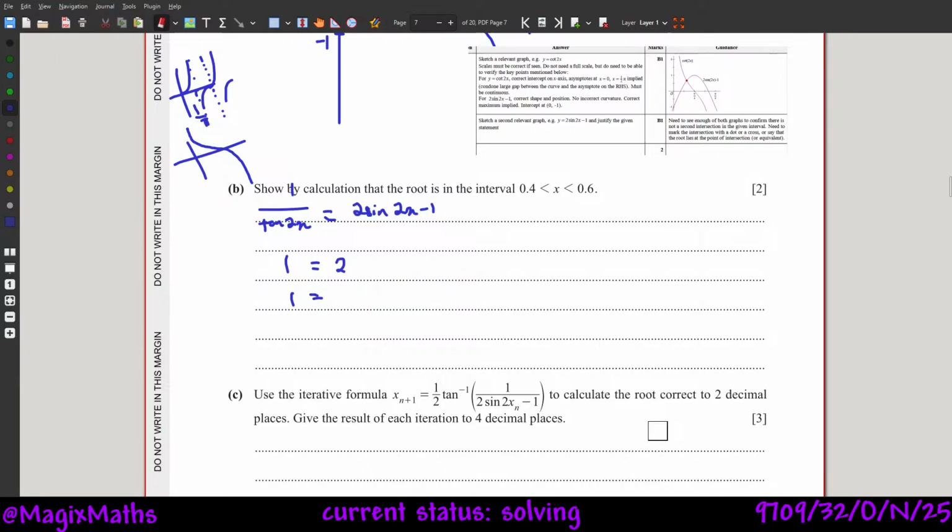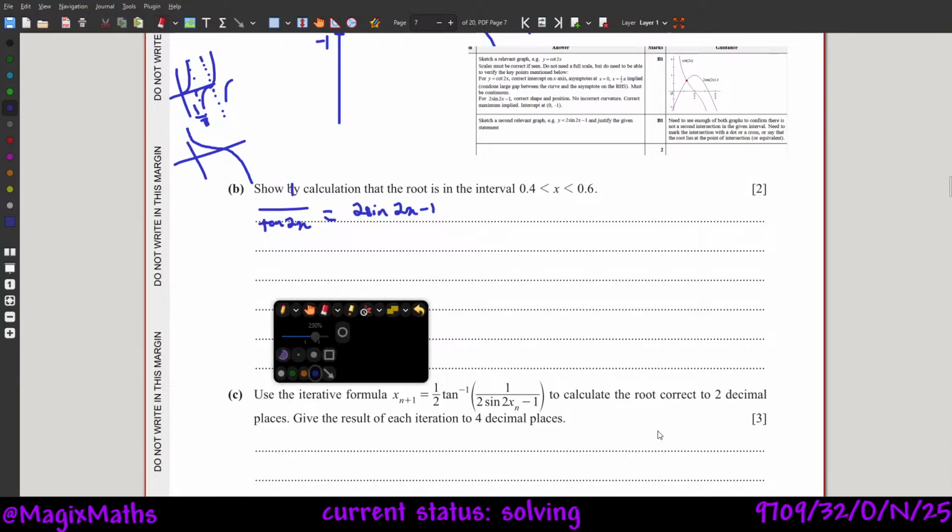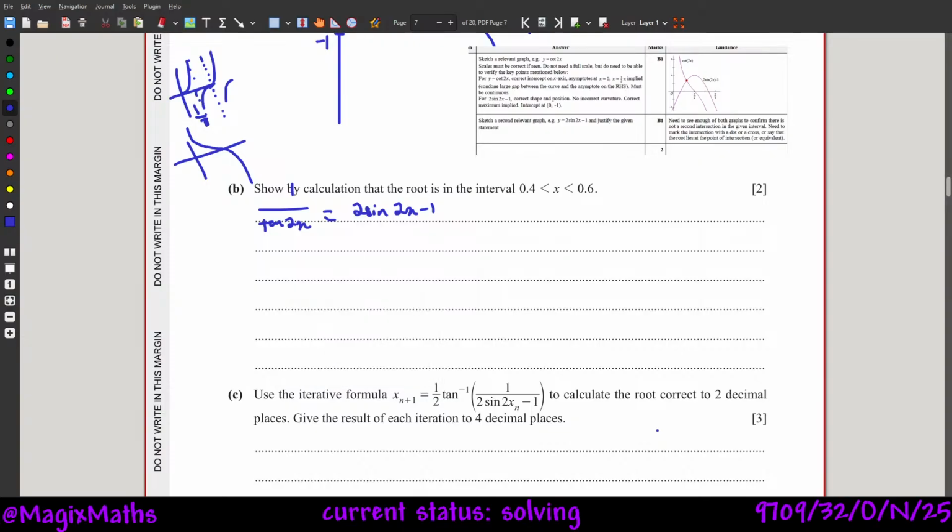How do I show by calculation that the root is in the interval? In this case, we should isolate the x, make x the subject.